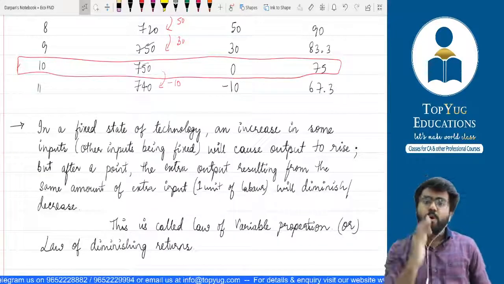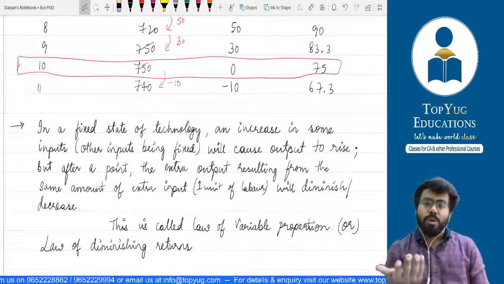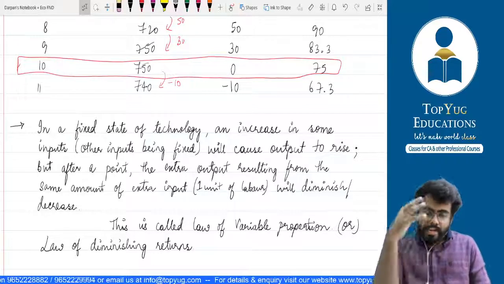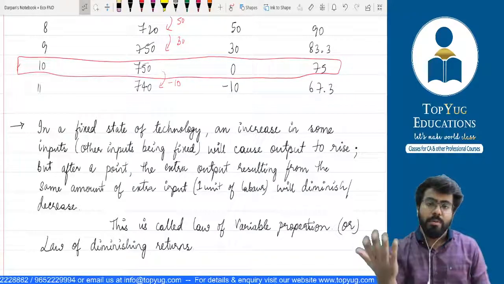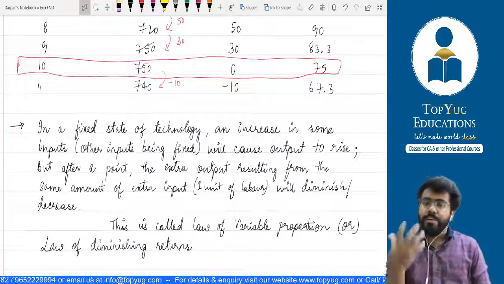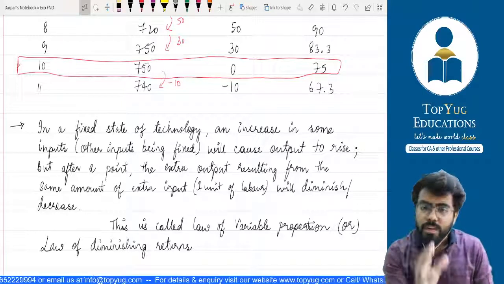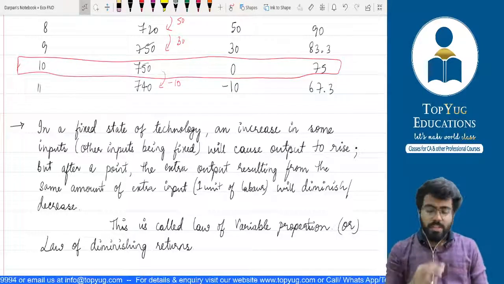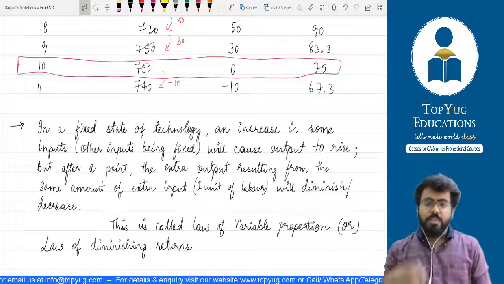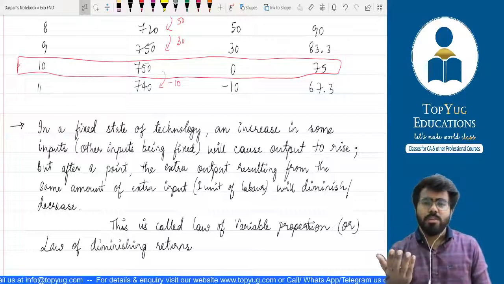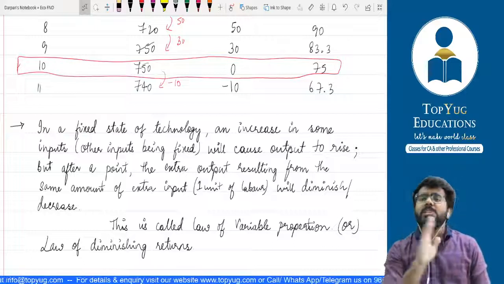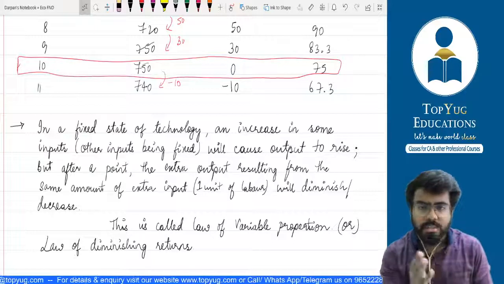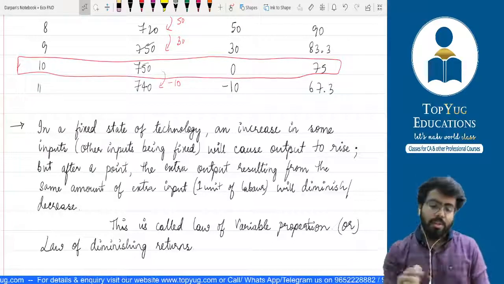We also wrote the proper definition of law of variable proportion. Let's read that definition to understand it more, because I've given you the entire gist about TP, AP and MP. So now you will understand it better. The definition is from the point of view of MP and TP. In a fixed state of technology, this is an assumption that technology remains constant. Production function का ही assumption है that technology will remain constant.